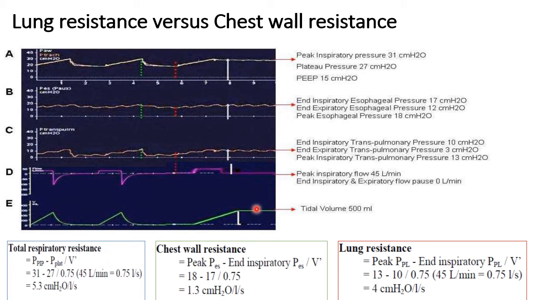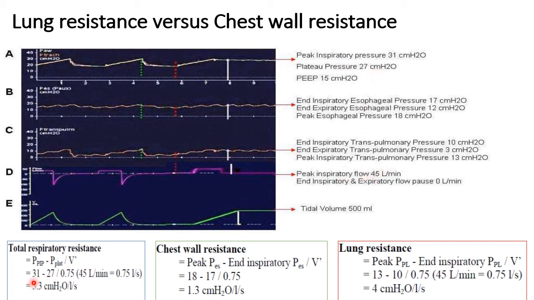So let's go back to that example, the calculations. Total respiratory resistance will be the peak inspiratory pressure, in that example 31, minus the plateau pressure, in that example 27, over the flow, which is 45 liters per minute.